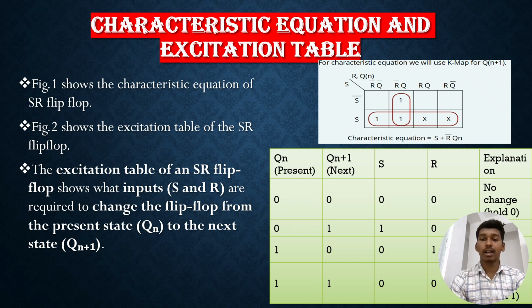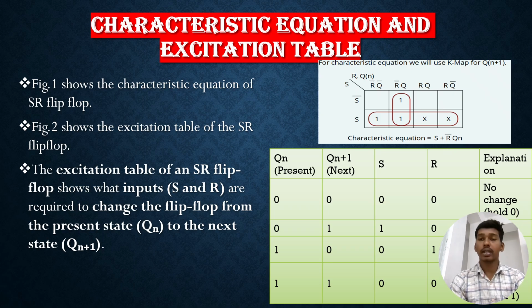By grouping these elements, we get the characteristic equation Qn plus 1 equals S plus R bar Qn. Figure 2 shows the excitation table of the SR flip-flop, with Qn, Qn plus 1, and inputs S and R. What is meant by an excitation table?